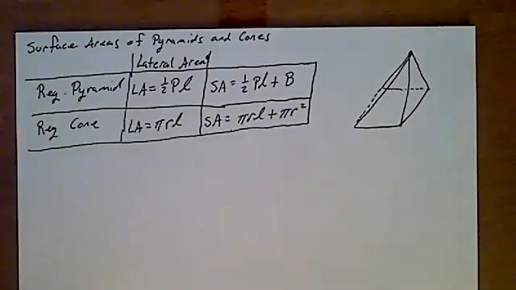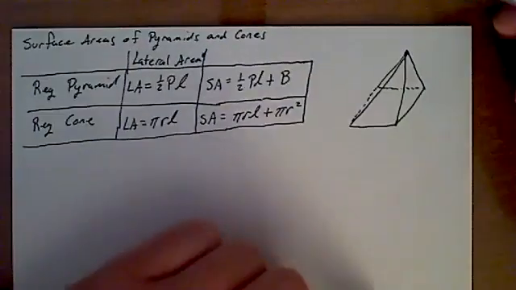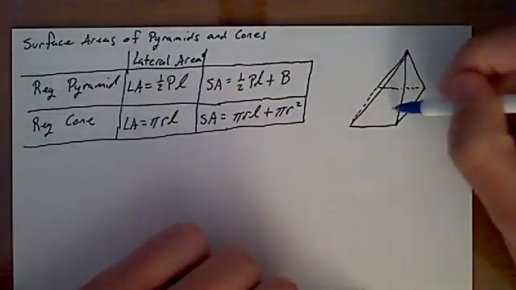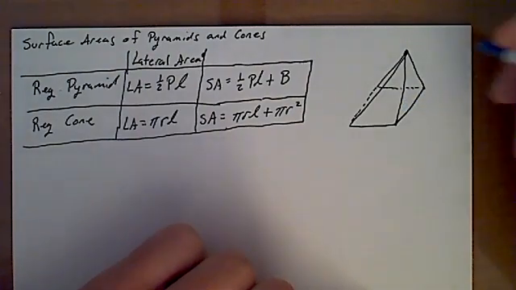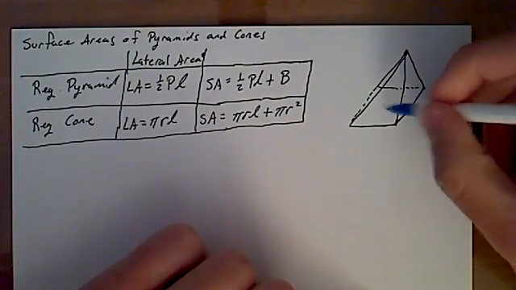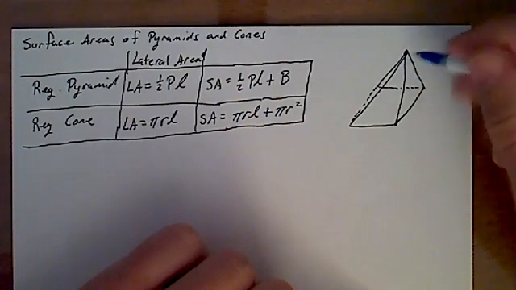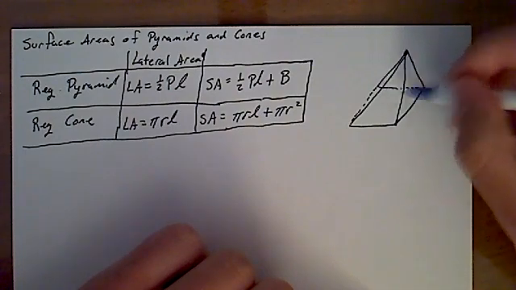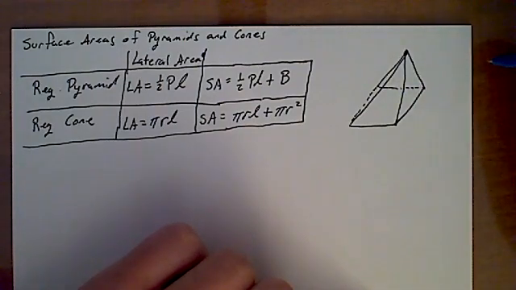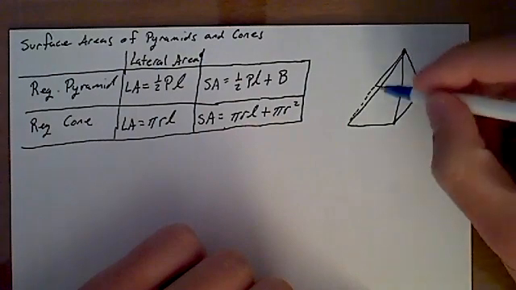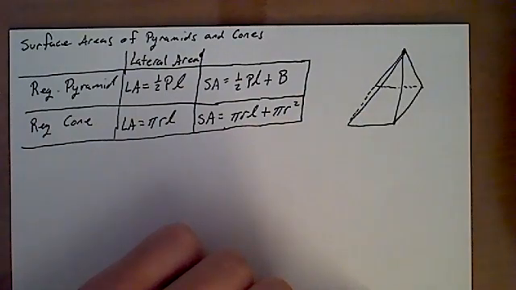Our slant height is, since this is regular, that means a few different things. One is that all of the sides are the same. So even though they don't look like it here, the 4 sides of this pyramid are the same triangle, right? The base is a square.